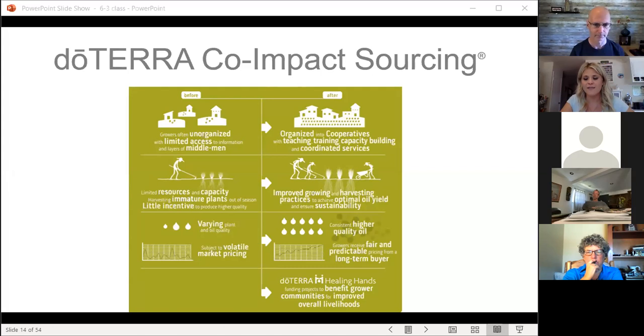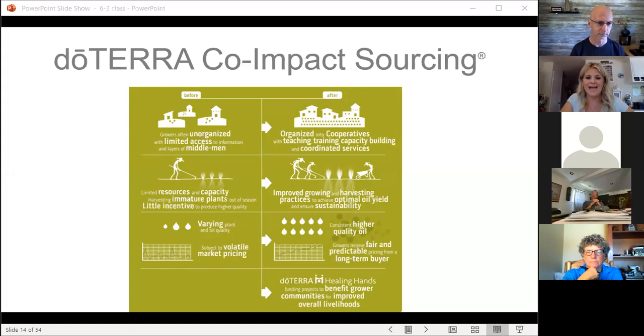But doTERRA has cut that out, and they are providing on-time payments with these co-impact sourcing initiatives. And we're helping to develop and improve the quality of life for those who have partnered with doTERRA. A lot of it, we've also built schools and little hospitals or set up clean water sources for these areas where our farmers and growers are.